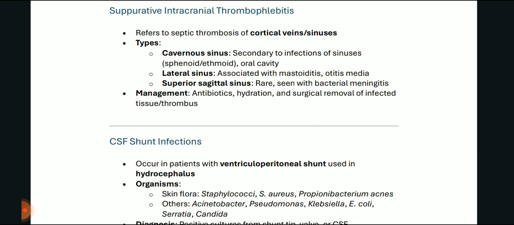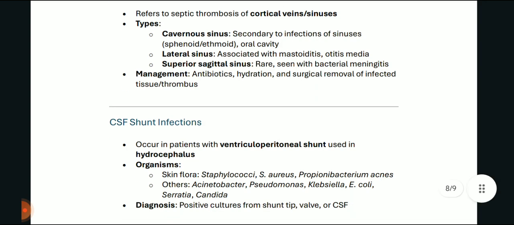The lateral sinuses can be involved in association with mastoiditis or otitis media because they are near the middle ear. And superior sagittal sinus is less common to involve, rare. It can be seen with bacterial meningitis. The management is by antibiotics, hydration, and surgical removal of the infective tissue or the thrombus itself.